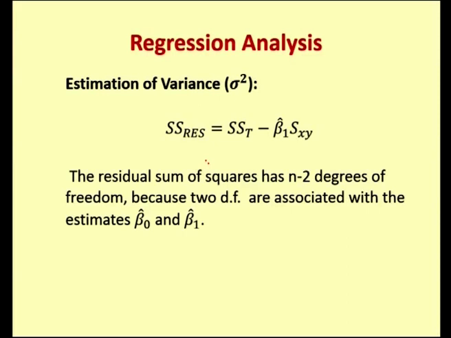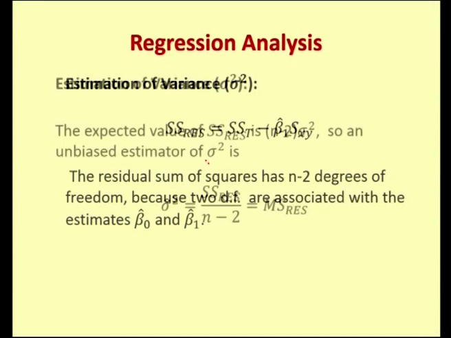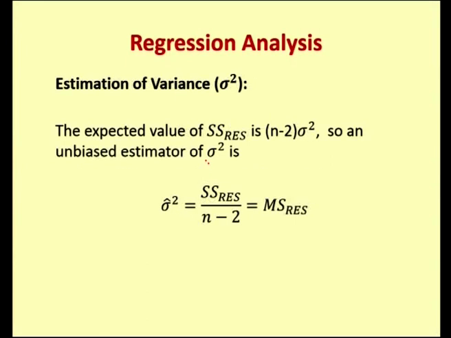The residual sum of squares has n minus 2 degrees of freedom, because 2 degrees of freedom are associated with the estimates of beta naught and beta 1, which are represented by beta naught cap and beta 1 cap. And the expected value of the sum of squares due to residual is n minus 2 into sigma squared.